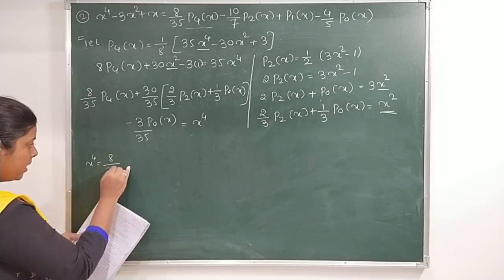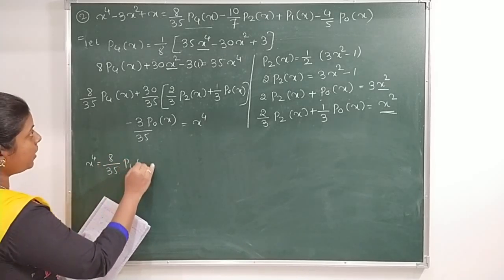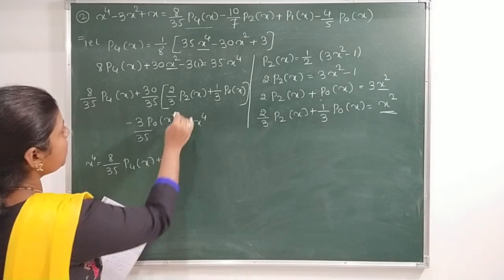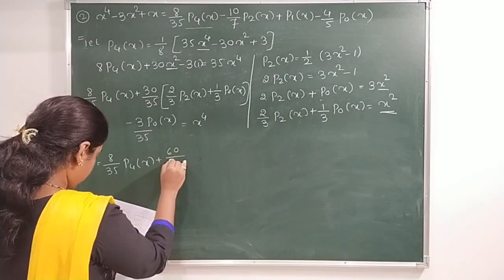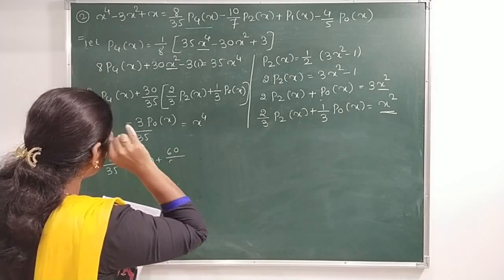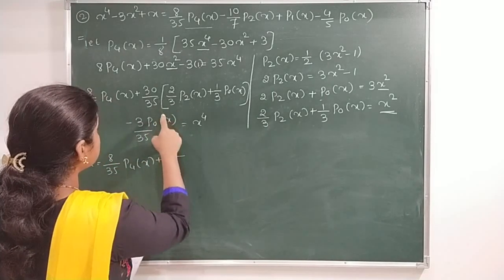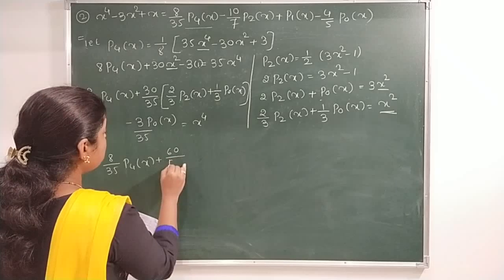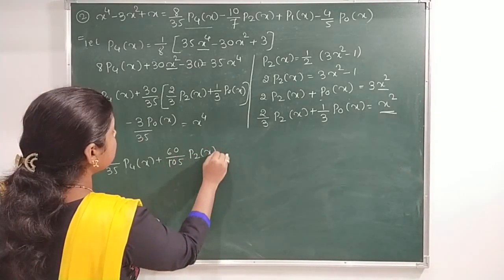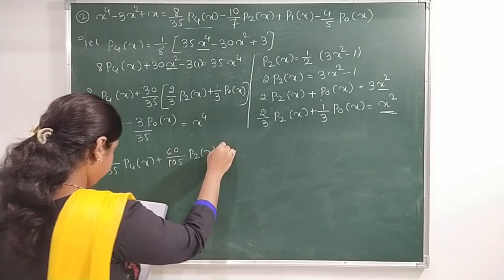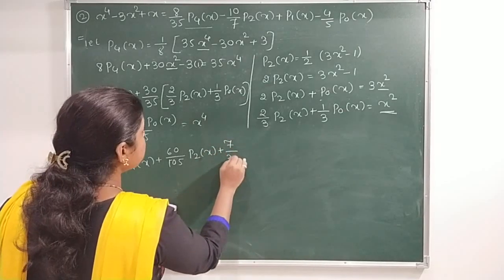8 by 35 P4 of x. This you have to simplify with the P2 of x. 60 divided by 105 P2 of x plus 7 divided by 35.